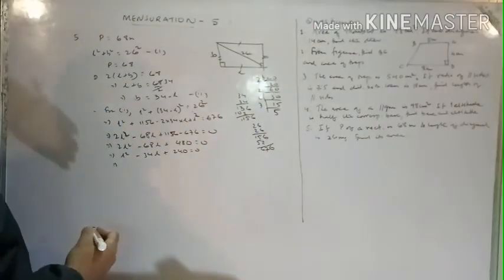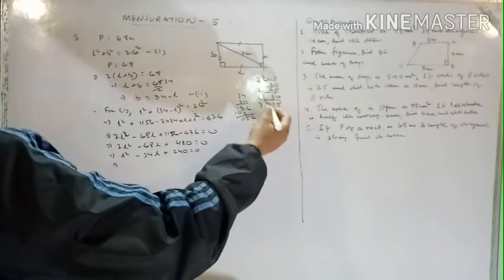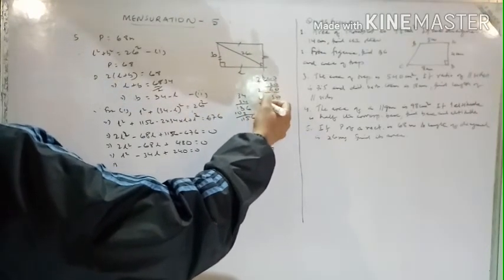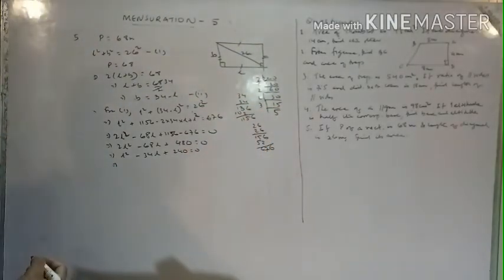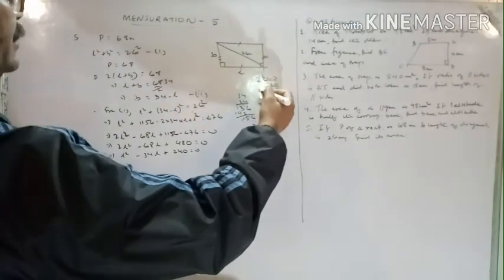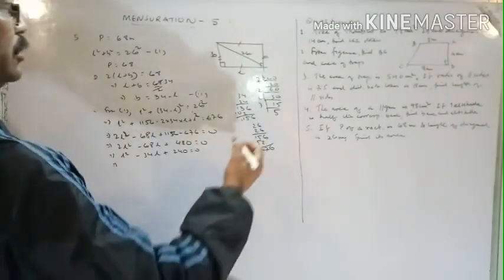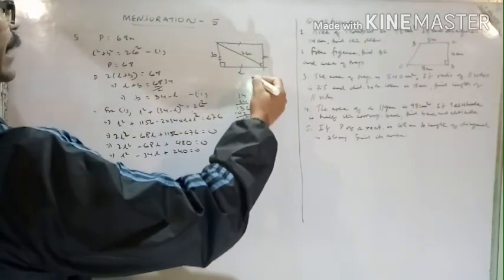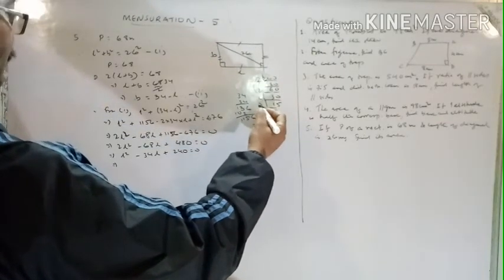So if you make the groups here: 5 2s are 10, 2 2s are 4, 2s are 8, so 8 and 5 2s are 10, 5 3s are 15.